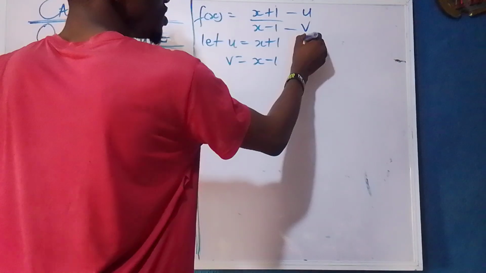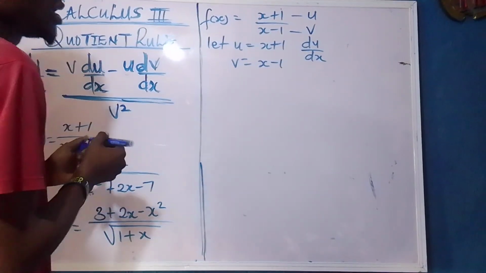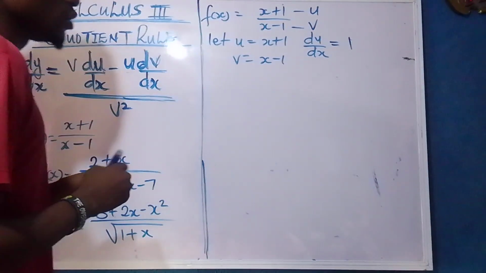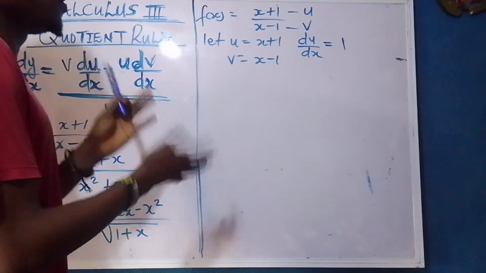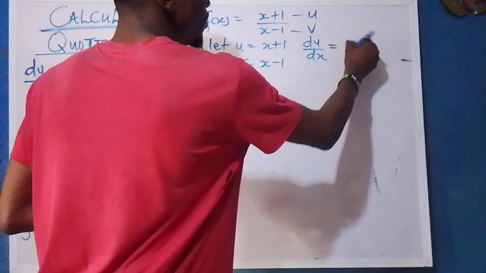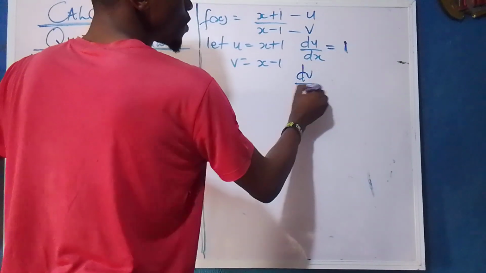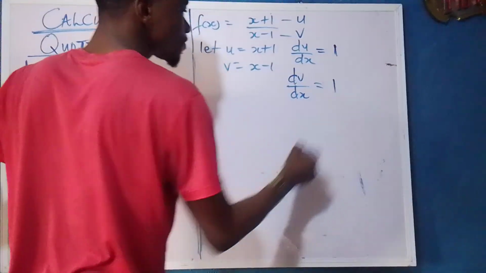Now I differentiate u with respect to x, that is du over dx. Whenever I differentiate x, I'll have 1, because if I use the power rule method of differentiation, I will have 1, and whenever you differentiate a constant, you have 0. So that's it. So dv over dx, because I'm differentiating x, I will have 1.